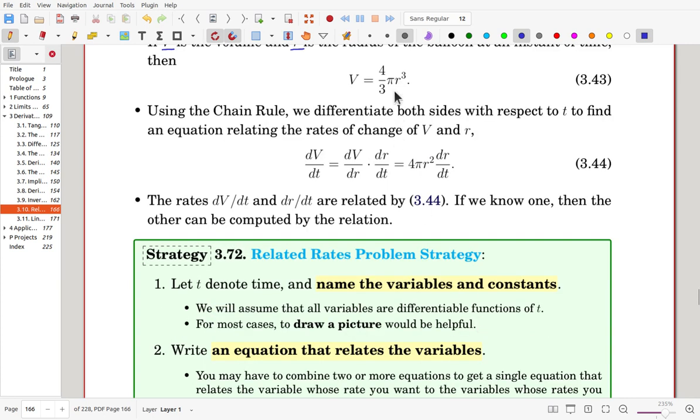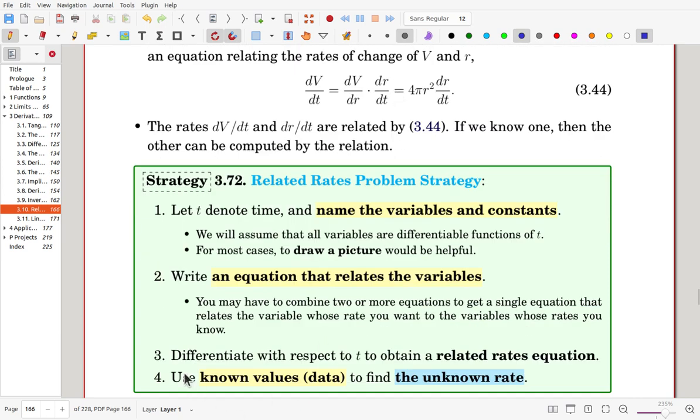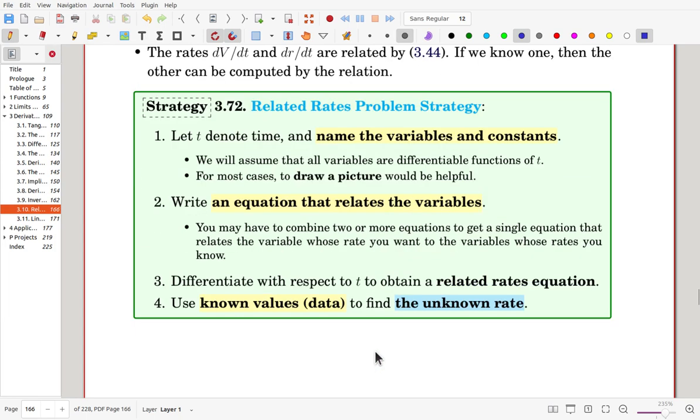That is that equation. And here we can differentiate with respect to time to obtain the related rates equation, which is that one. And now the unknown can be found by using the known values. So that's the strategy.